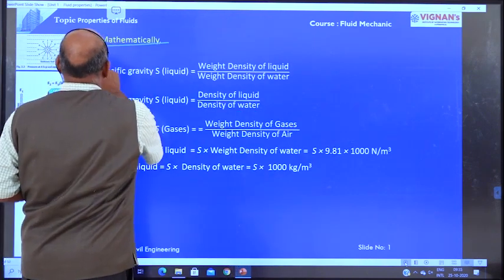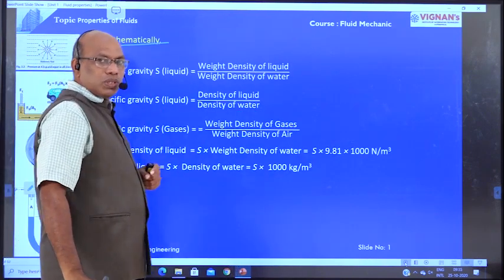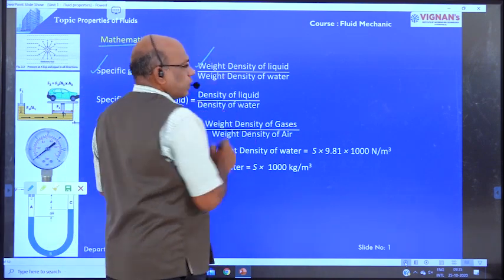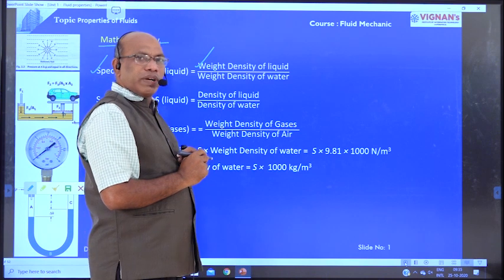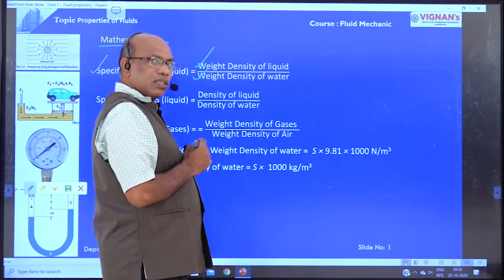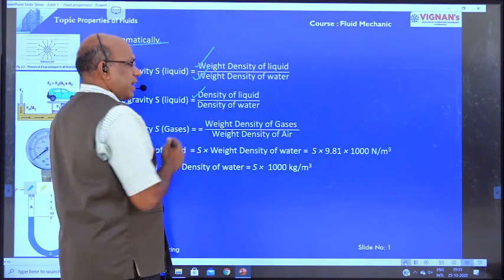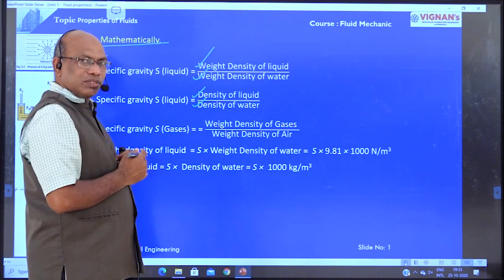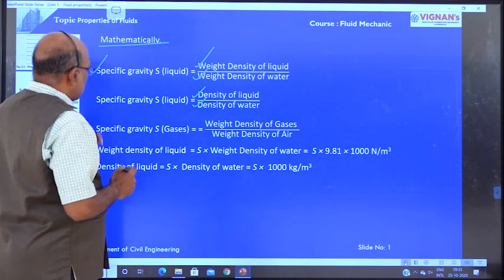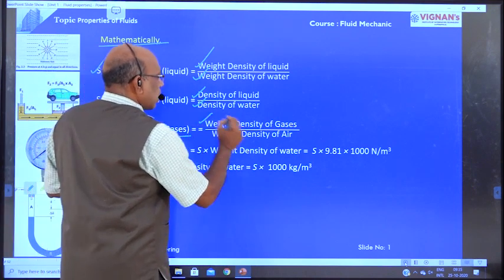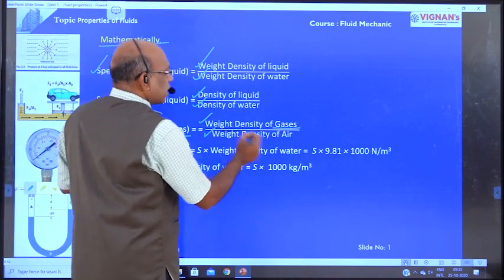Mathematical form of specific gravity equal to, as I have already given, weight density of the liquid to the weight density of the water, or density of the liquid to the density of the water. Okay. And specific gravity for gases is the weight density of the gases to the weight density of the air.